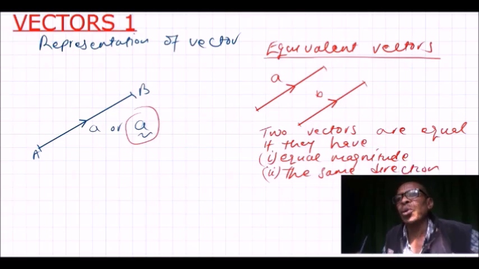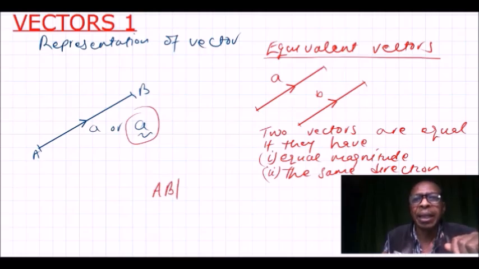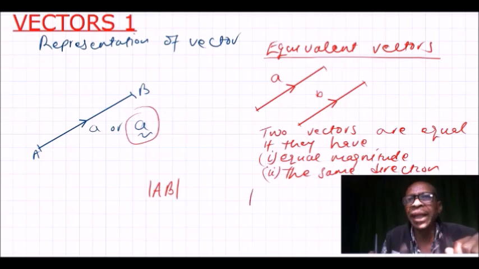So I hope that is clear. When we are representing the magnitude, we use two vertical lines. For example, the magnitude of vector AB, like that. These two vertical lines represent the magnitude. So in this case, we are saying the direction of A is the same, and the magnitude of A and B are equal. So that is how we represent the magnitude.